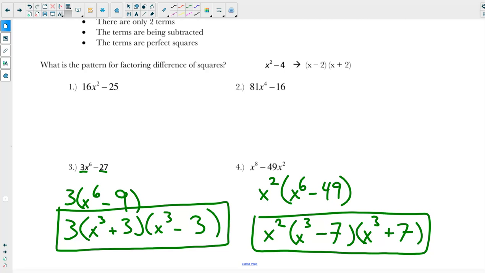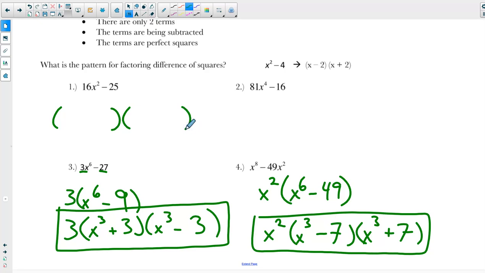Is there a greatest common factor for this first one? No, there's not. So all I'm going to do here is put up my parentheses. And so I follow my pattern.